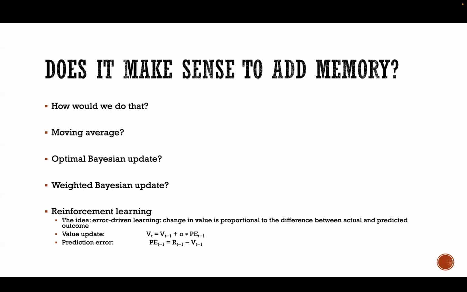The prediction error is the reward in the previous trial, subtracting from that the expected value. Meaning that if I was already expecting to win by playing right, and I win by playing right, the prediction error is 0, right? I'm not changing my belief because my belief just got met by reality.